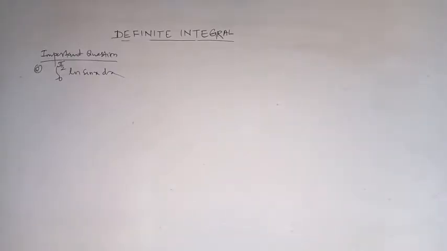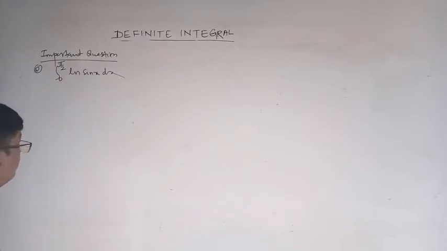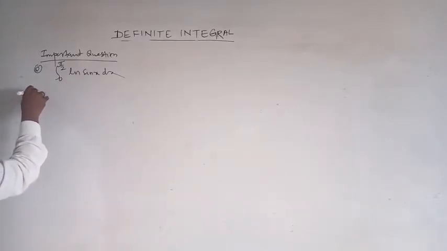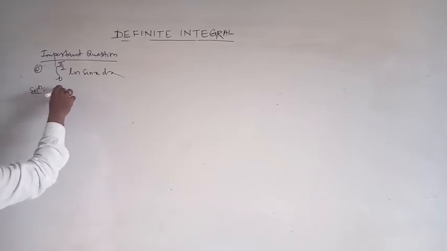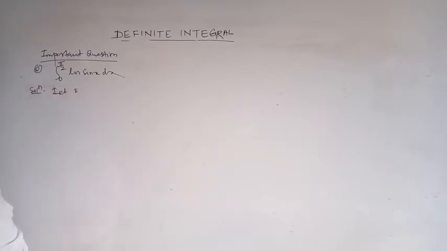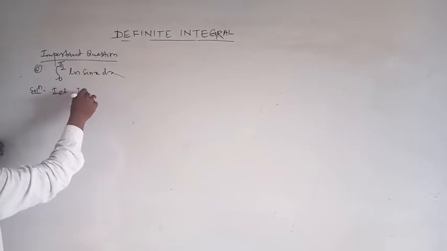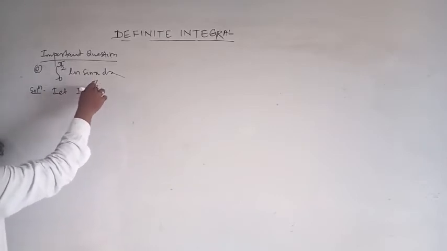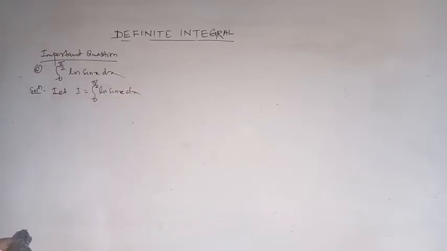Another important question: the integral from 0 to pi by 2 of log sin x dx. The solution is: let I be equal to the integral from 0 to pi by 2 of log sin x dx.